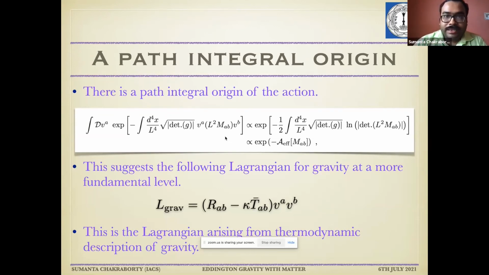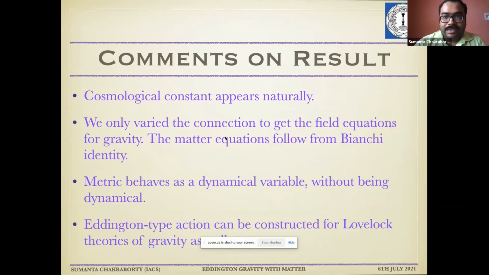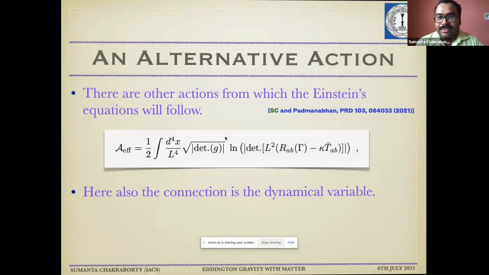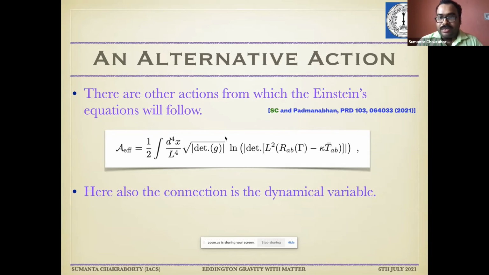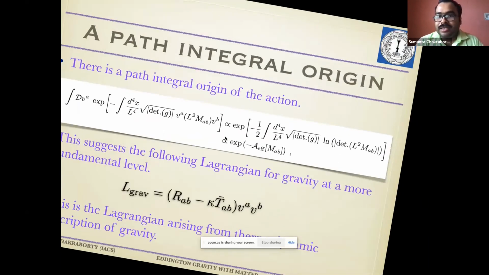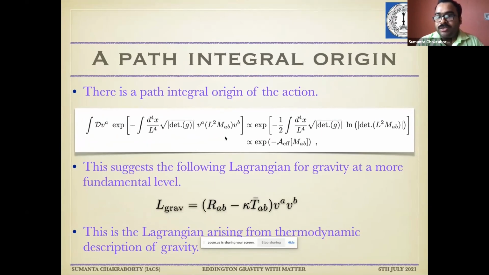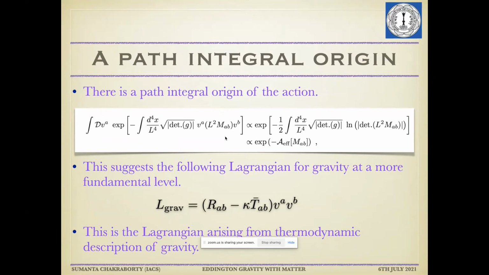The point is, if you just take this action at a purely classical level, then of course it will work. It does not matter whether you have positive or negative cosmological constant. So inclusion of matter will work irrespective of that. But if you want a path integral description, then of course you need a positive cosmological constant. Thank you. Yeah, thanks.